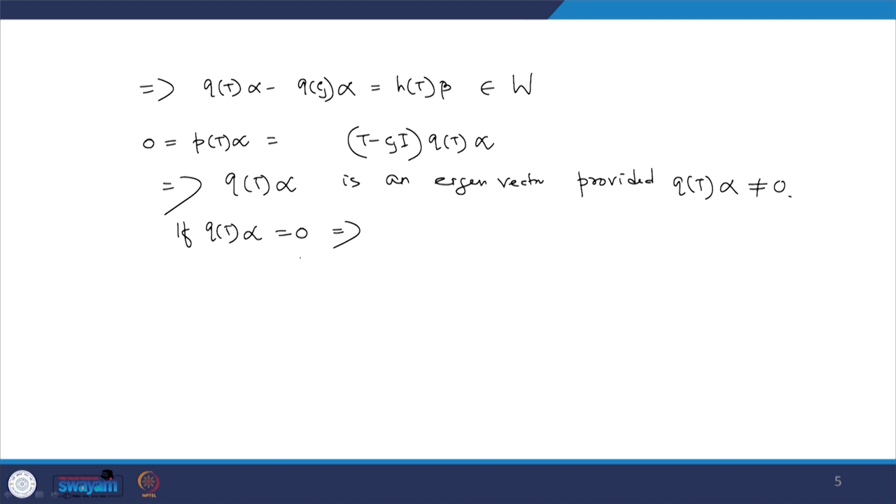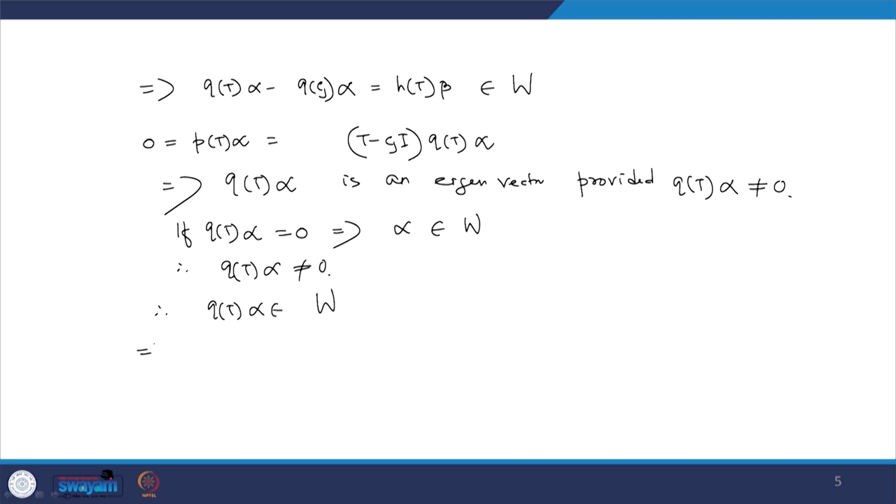So alpha will be annihilated by this, and then alpha will belong to W. If Qt alpha equals 0, it implies alpha belongs to W, because alpha will be an eigenvector of the operator T. But alpha does not belong to W. Therefore, Qt alpha is not equal to 0. So Qt alpha is an eigenvector, and Qt alpha will belong to W, because W is the sum of eigenspaces.